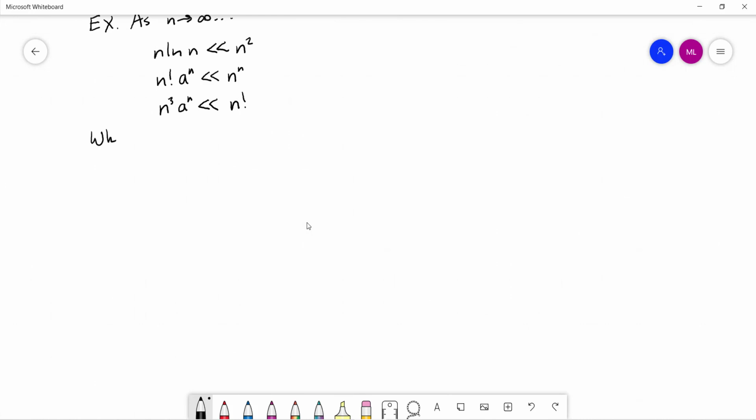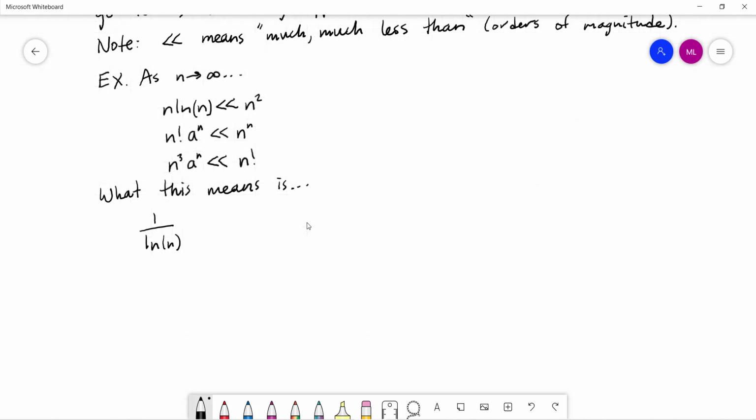What this means is the following. If I look at 1 over the log of n, just to make it clear, let me put parentheses around it wherever I write it so it's easier to read. So 1 over the log of n, and 1 over the square root of n, and 1 over n, and 1 over n squared, and 1 over n cubed, and then 1 over a to the n, and 1 over, let's do n factorial, and 1 over n to the nth.